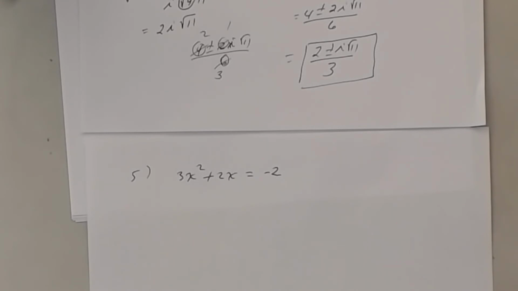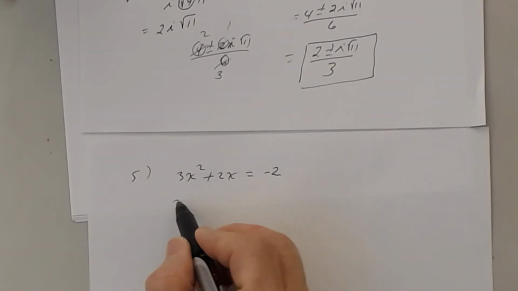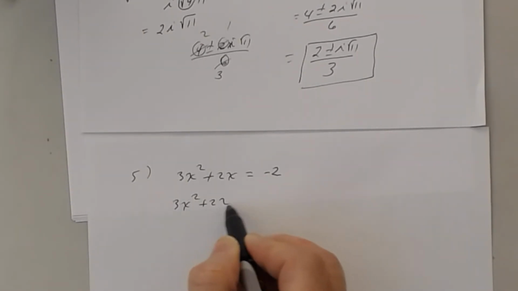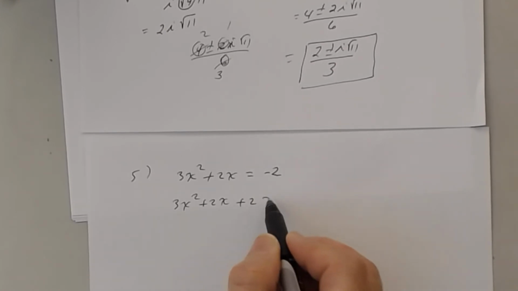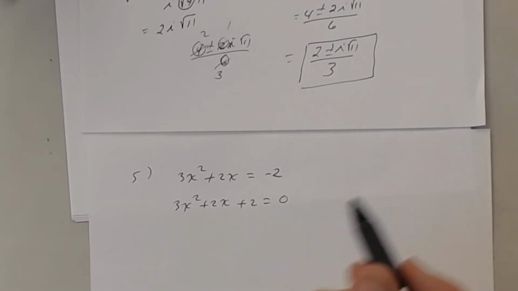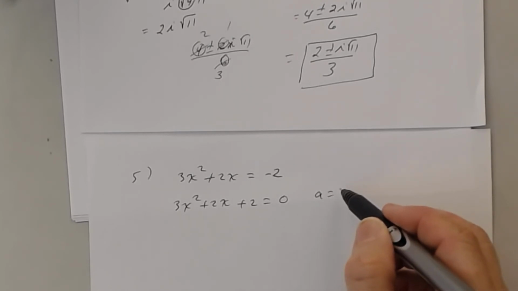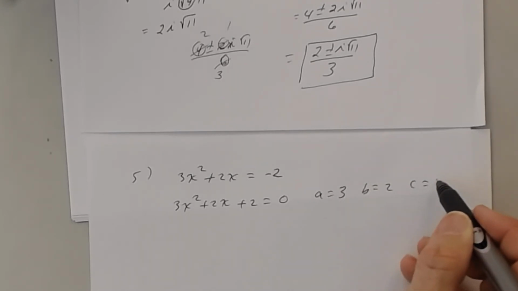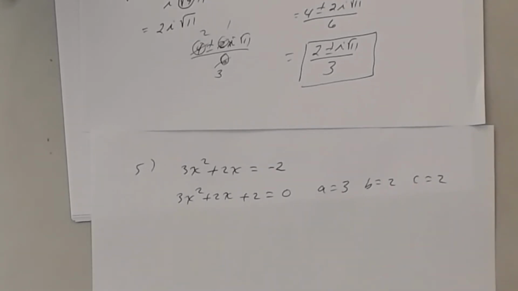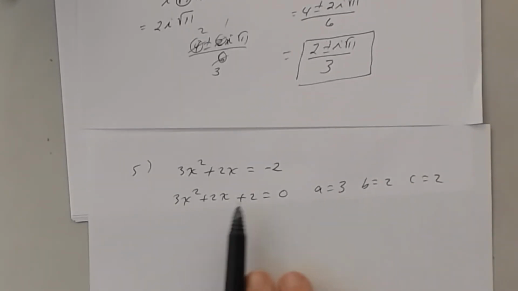All right, what's the first thing you're going to do? Rewrite it. So we get 3x squared plus 2x plus 2 equals 0. What's A? 3. What's B? And what's C? 2. All right, so A is 3, B is 2, C is 2.